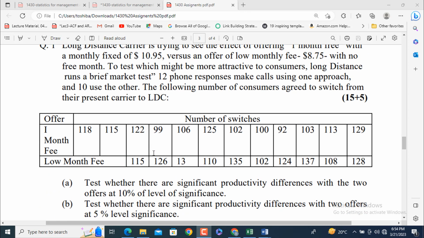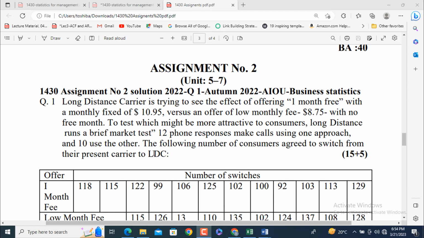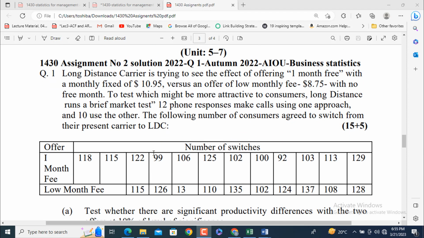In a nutshell, the summary of the question is that there is a company labeled as long distance carrier, and it introduces two packages or schemes. One has 1 month free with a fixed cost of $10.95, and the other package is labeled as low monthly fee, which has a cost of $8.75, but in this case no free month is available.